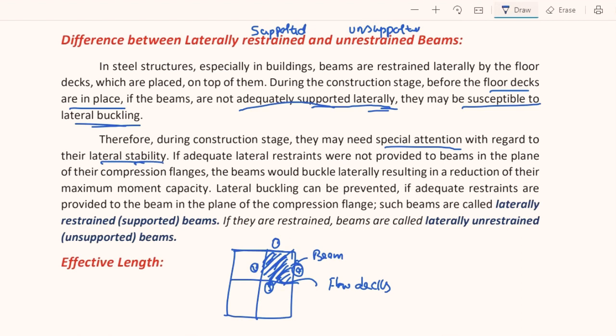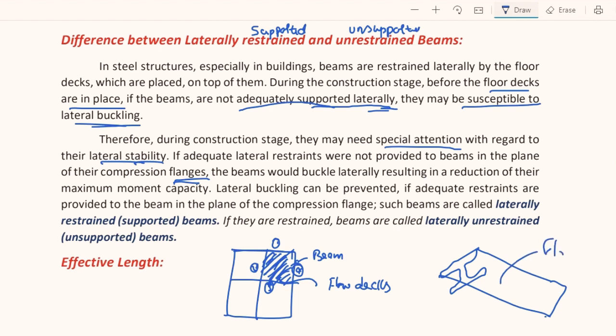Okay, so if adequate lateral restraint is not provided to the beam in the plane of the compression flange, and this is what it is. See, let me show you this. This is the flange, right?